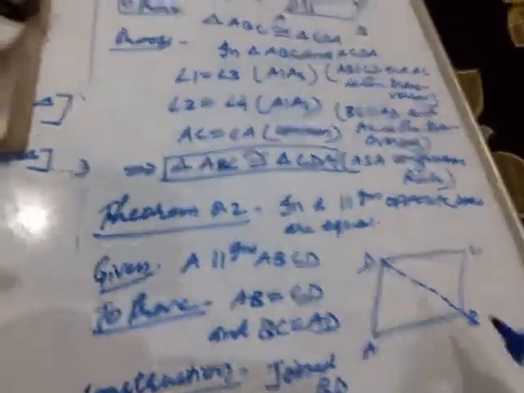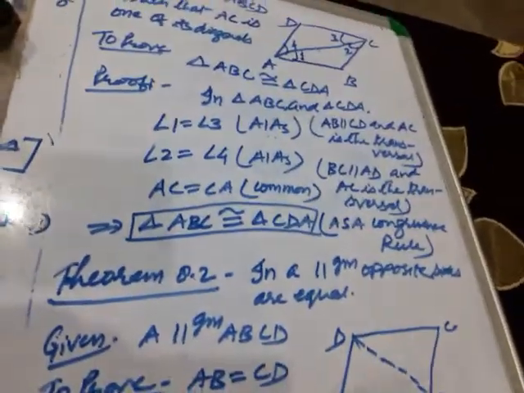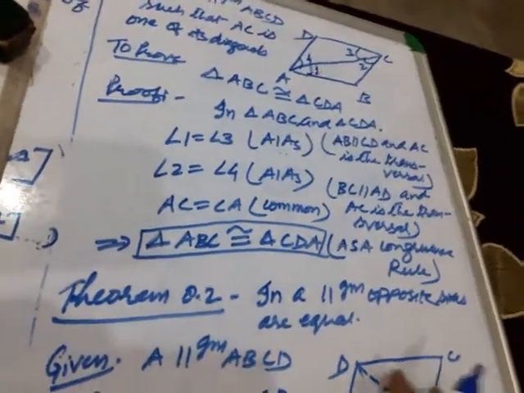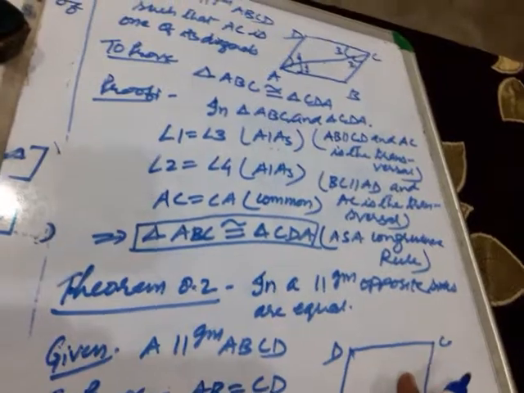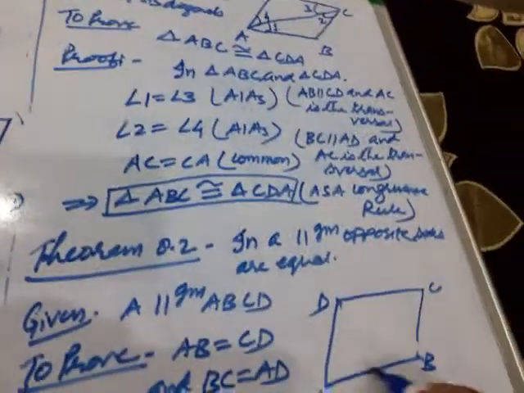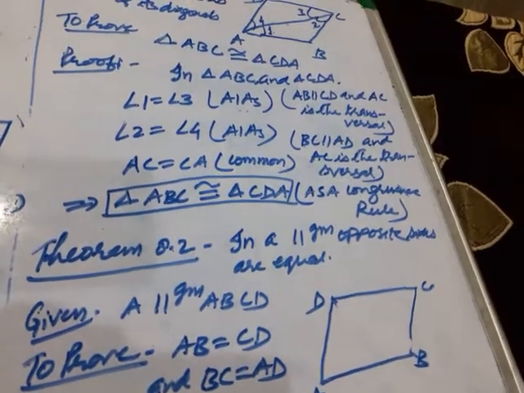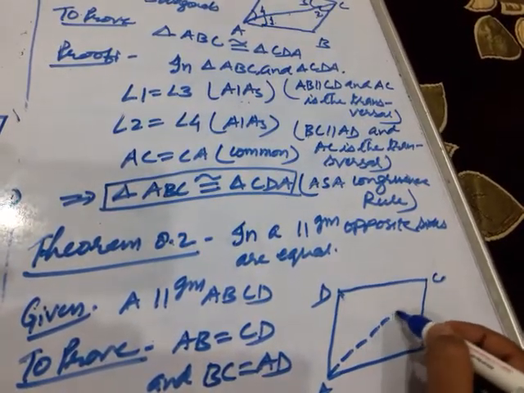Now give names to the angles. Join AC, you take. Clear? So that it will be easier for you to understand and we can correlate it. You can join BD also.